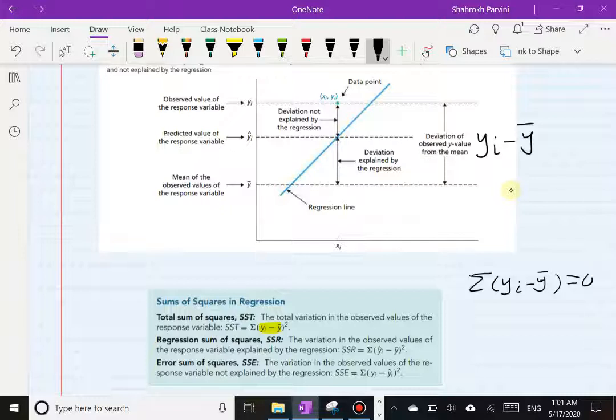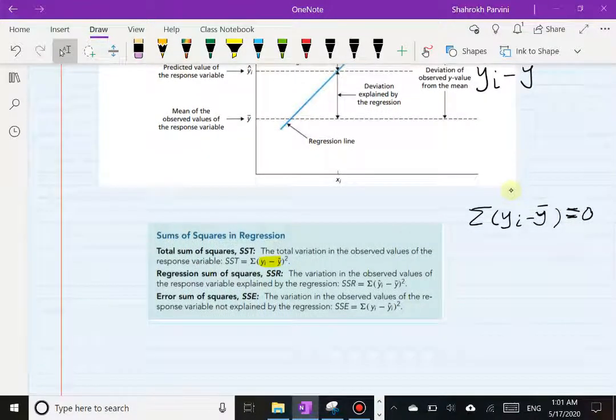So to remedy this, what we did is we squared the deviations, and that's what this part is. That's the square of the deviations. Now, the sum of squares total, therefore, is going to be the total of these squared deviations. That's what they call SST, sum of squares total, or total sum of squares.